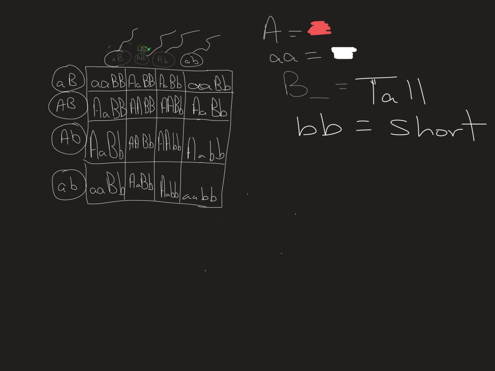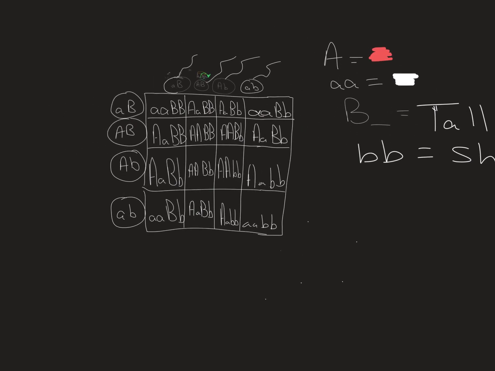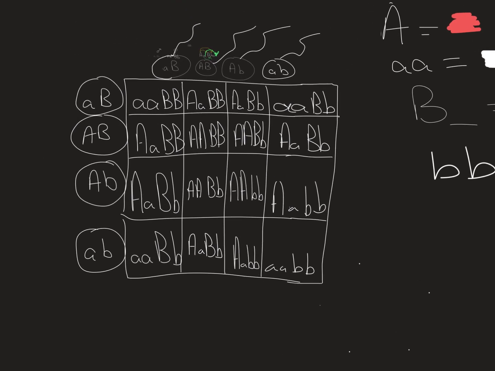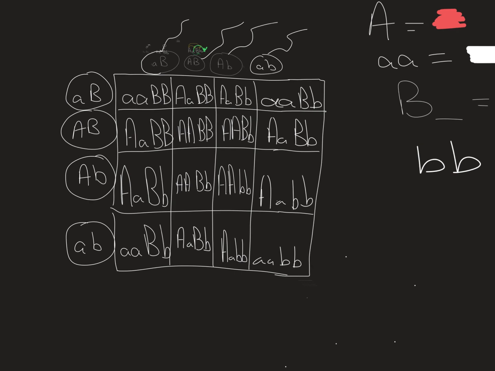All right, so let's go ahead and take a look at this. Let's do color first, either red or white. Tell me, is this one red or white? White. It's white. I'm going to go down. The next one, is it red or white? Red. The next one? Red. Next one? White. Next row?